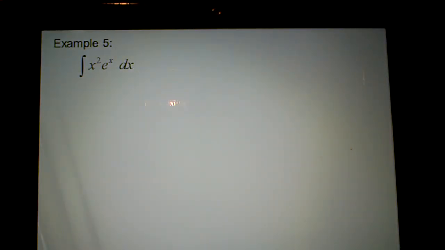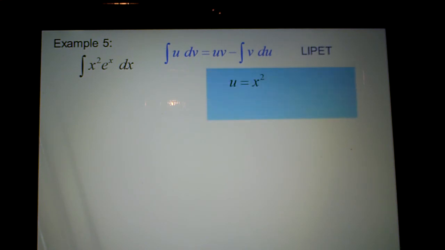Alright, example 5 looks pretty standard. Again, in my polynomial function, x squared, I pick first. Everybody else is dv. Differentiating x squared, 2x.